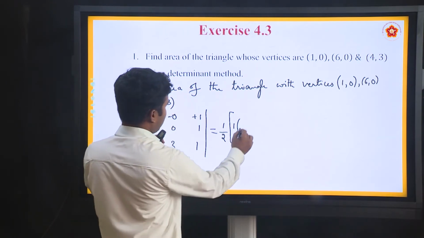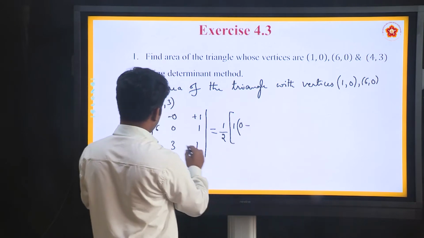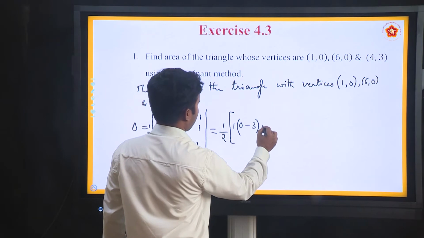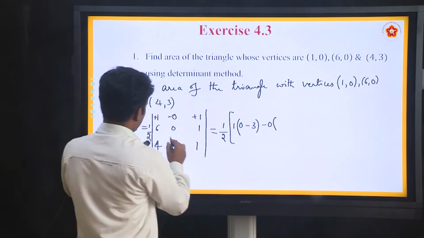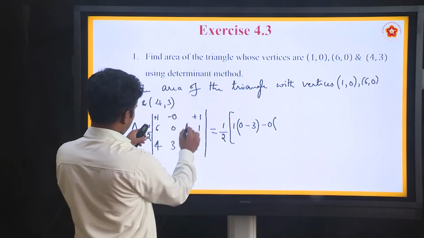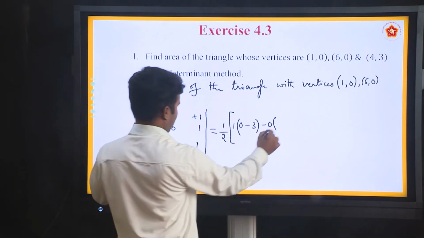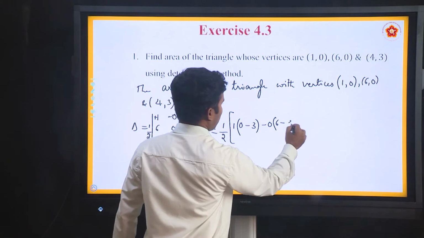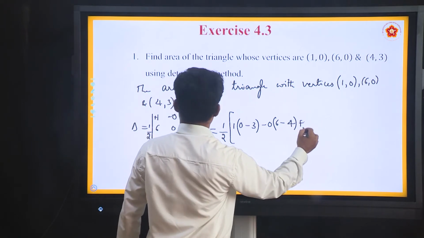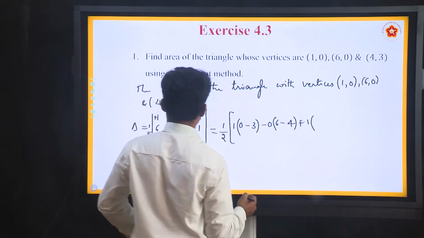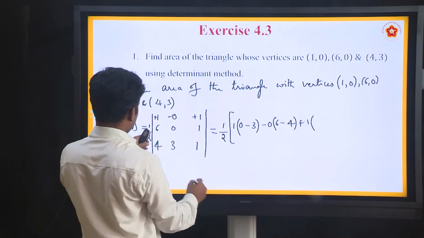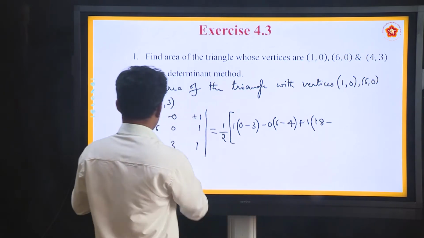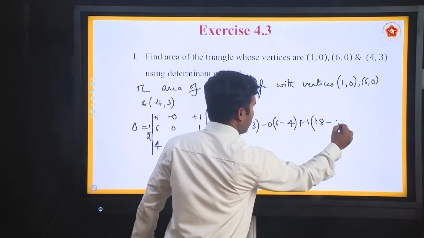So, 0 into 1, 0, minus 1 into 3 is 3, minus 0 times, you just delete the second column and first row. So, what is this? 6 into 1 is 6, minus 4 into 1 is 4, plus 1 into, you just delete the first row and the third column. 6 into 3 is 18 minus 4 into 0 is 0.